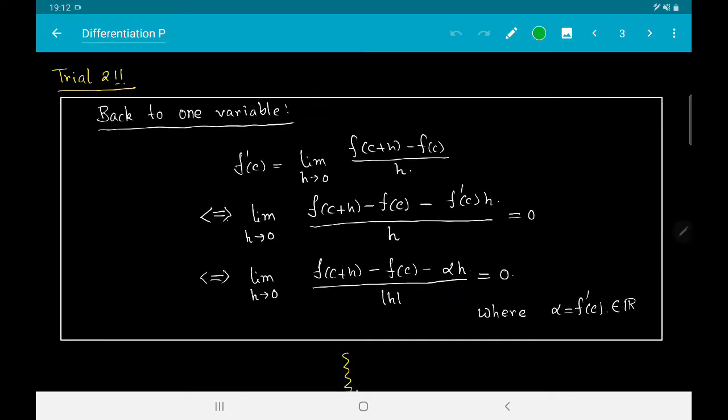So let us now modify our definition of differentiability in one variable as follows. Suppose that we have everything in our hypothesis that we have mentioned: D is a subset of R2, f is a real valued function on D, and c is a point in D which is an interior point.